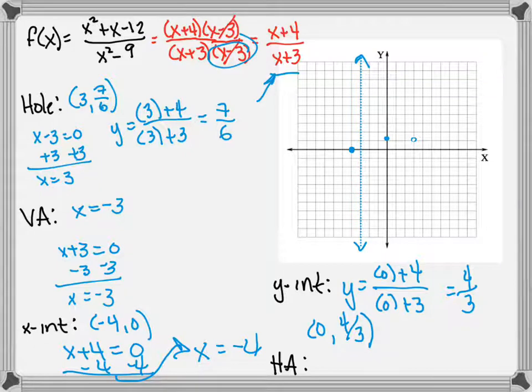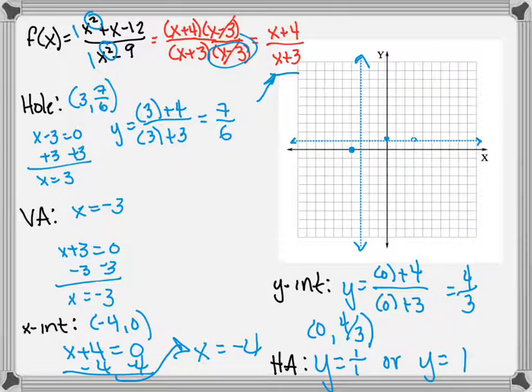Well, the degree of the numerator was 2, the degree of the denominator was 2. They are the same, so we need to take the ratio of the leading coefficients. That is 1 in the numerator, 1 in the denominator. So y equals 1 over 1, or y equals 1, is our horizontal asymptote. I can draw that in as a horizontal dotted line.